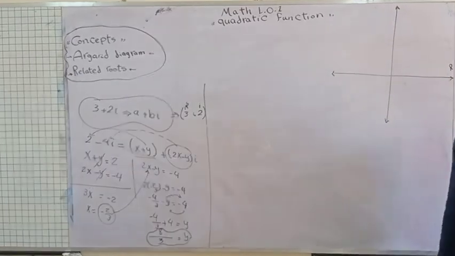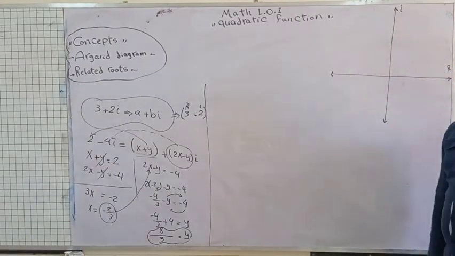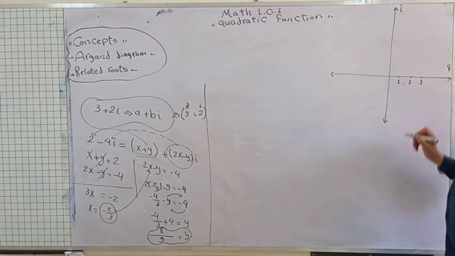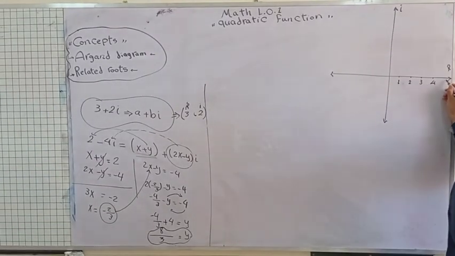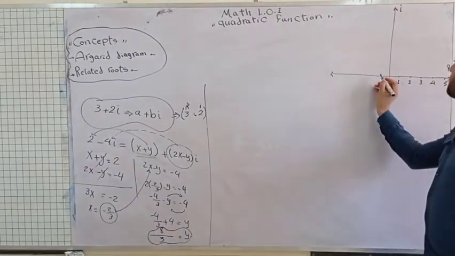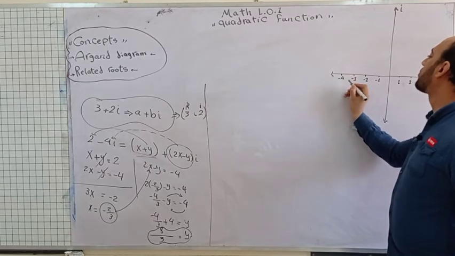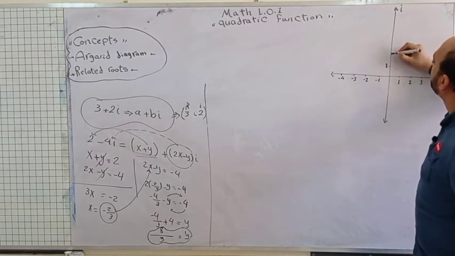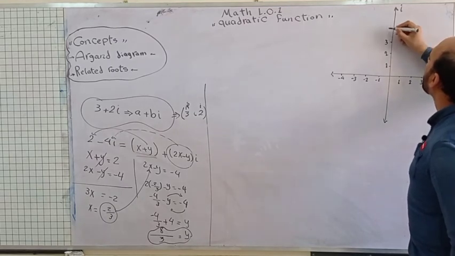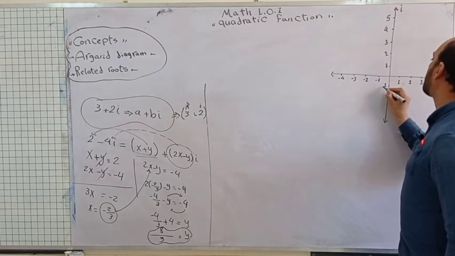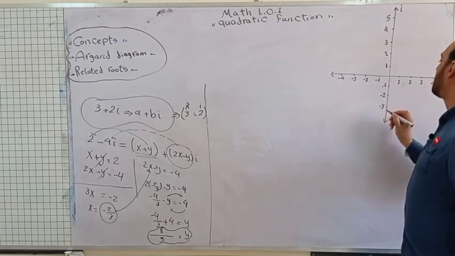This axis is the real part axis, and this vertical axis is the axis of the imaginary part. We mark numbers on this axis as on any Cartesian coordinates: 1, 2, 3, 4, 5, and so on, -1, -2, -3, -4, and on this axis 1, 2, 3, 4, 5, and -1, -2, -3, and so on.